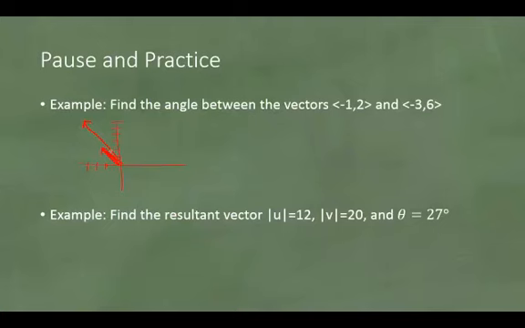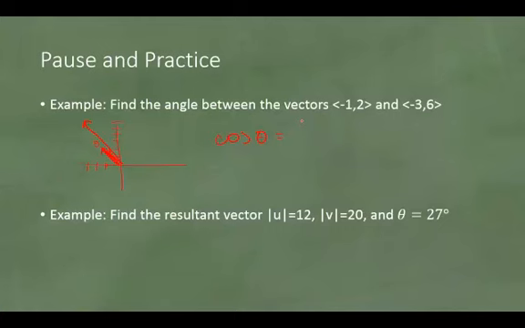Let's say we wanted to find this angle right there in between them. You can barely see it. How would you find that? The easiest thing to do, instead of trying to measure it because it's so small, is use cosine of theta equal to the dot product over the magnitudes.